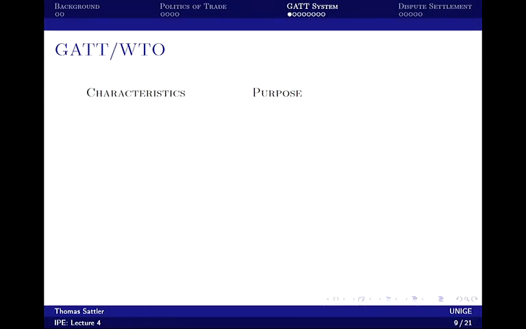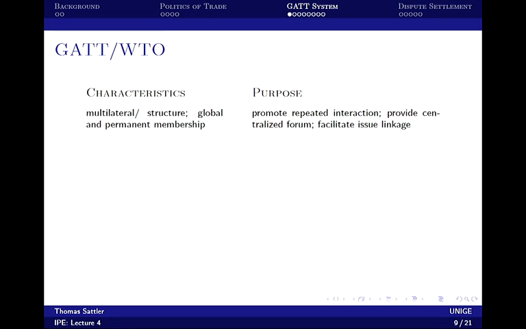And as it turns out, the GATT and the World Trade Organization do exactly this. So the GATT has certain characteristics. First, it is multilateral. And so you have a global membership, and this membership is permanent, which means you promote repeated interactions. You extend the time horizon of governments when they think about trade, because you're not going to just interact once in this one-time trade exchange, but potentially you're going to do this forever into the future, right?